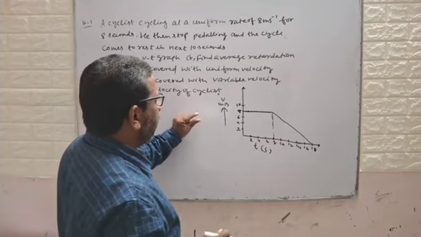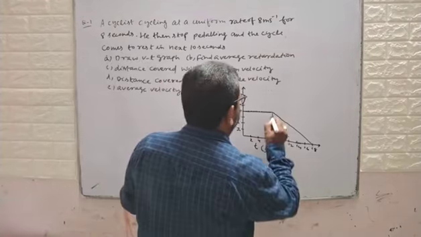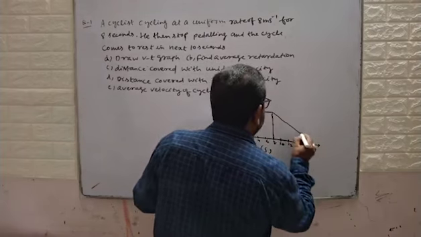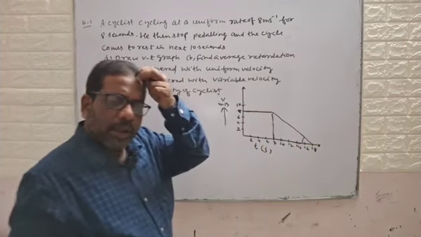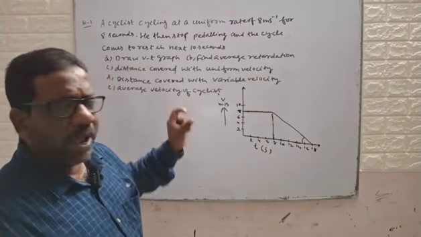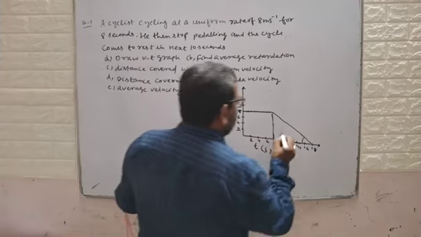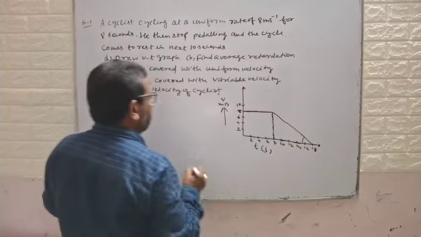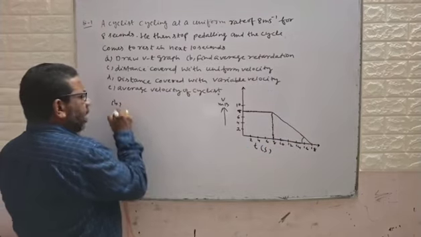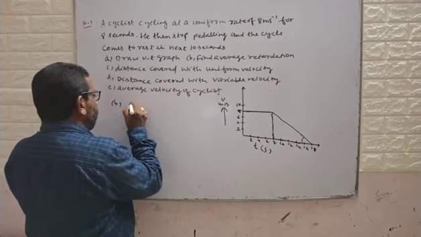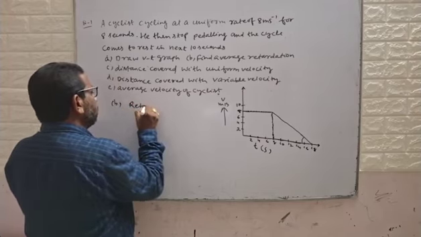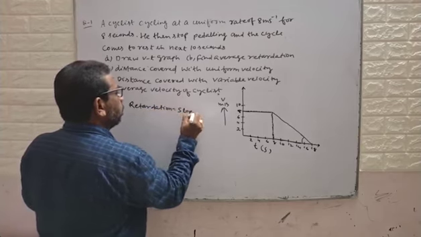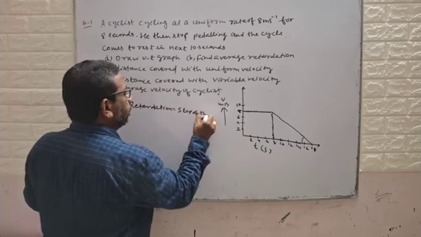Then we have to find the average retardation. To find retardation, what we have to find? We have to find slope of the VT graph. To find the slope, distance in y-axis, distance in x-axis. For answer B, we have to find retardation equal to slope of the graph.